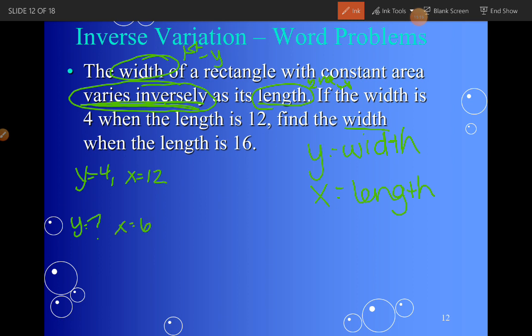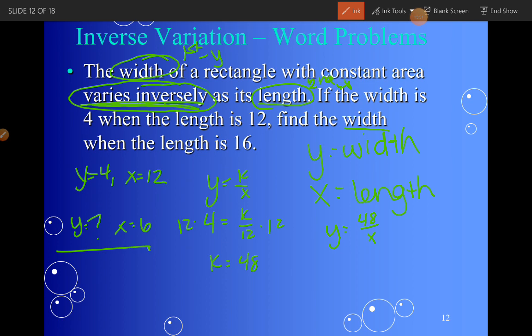Okay, so again, it's varies inversely, so we're going to use y is equal to k over x, and we just plug in everything we know. So 4 is equal to k over 12. Multiply both sides by 12, and we get k is equal to 48. So my equation is going to be y is equal to 48 over x.